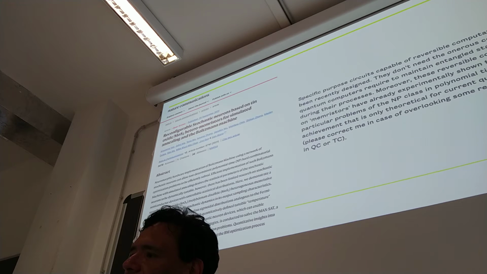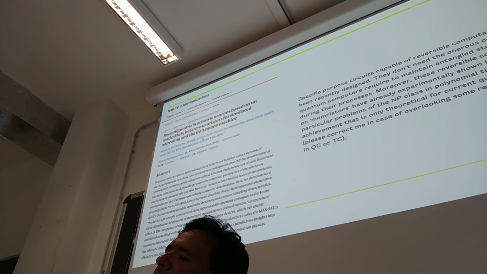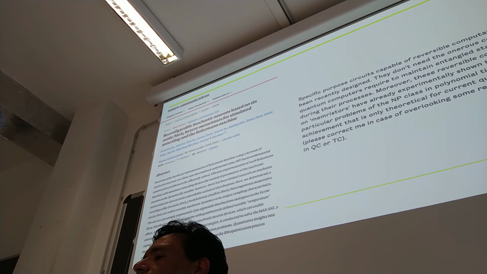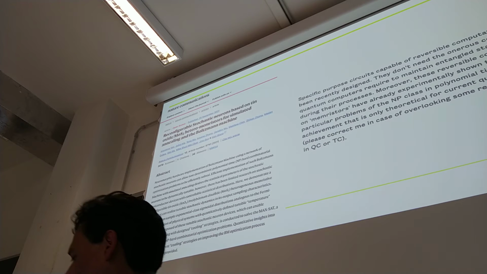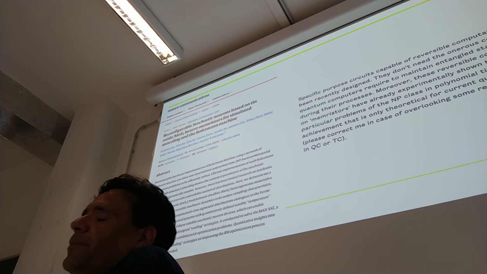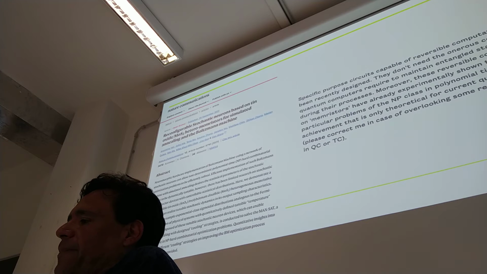And there are people who, last year, in a not so old article, have used this kind of memristor to solve discrete optimization problems in the NP class in very fast time, it seems polynomial time.